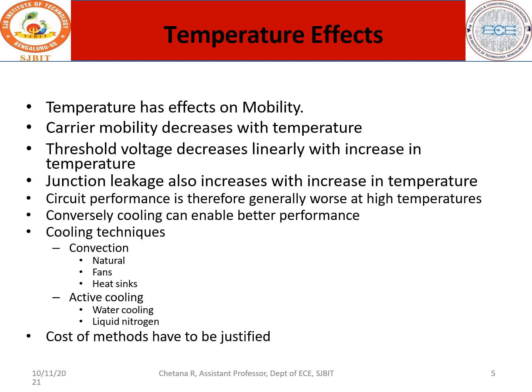Junction leakage also increases with increasing temperature. Circuit performance is generally worse. So cooling can make it better, but we need to have cooling techniques. There are two types of cooling techniques: convection and active cooling. Convection is natural, so leave it.